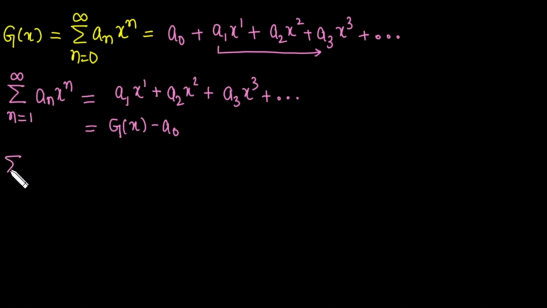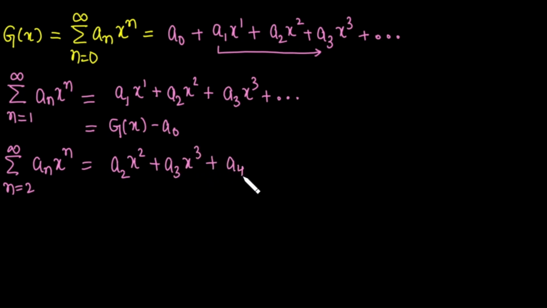And if the series is summation n from 2 to infinity a_n x raised to power n, in this case, summation starts from 2. We can write a2 x square, a3 x cube, a4 x raised to power 4, plus continue this.